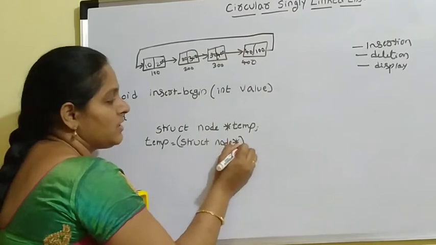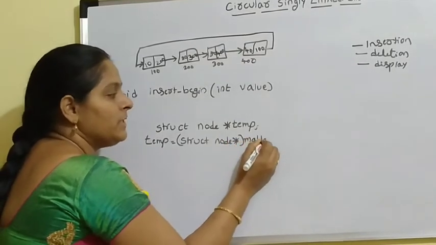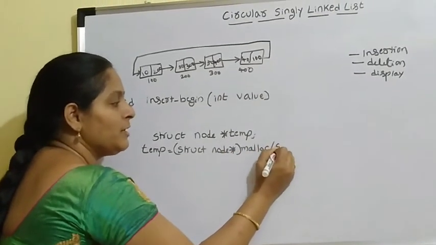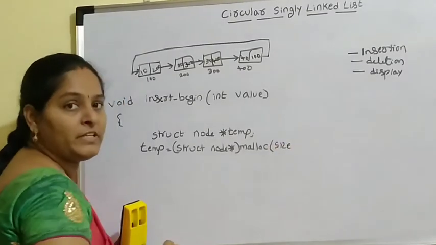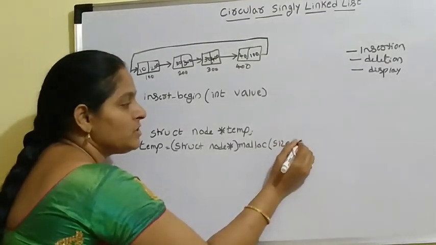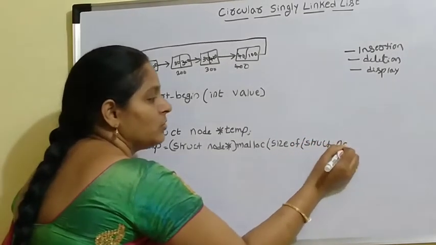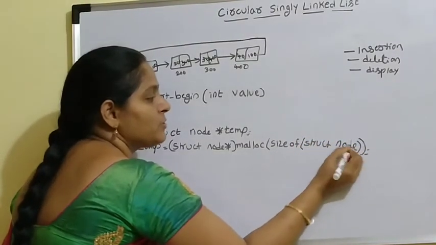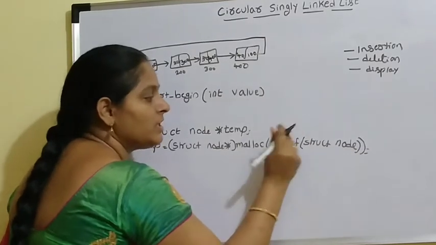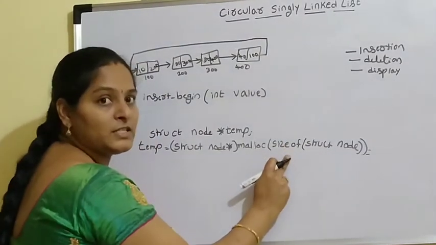Now I am allocating memory for the temp pointer: struct node star. In C language we will use the malloc function for allocating the memory. We don't know how much memory we need to allocate, so here I am using the sizeof function with struct node. How much memory is required for the node structure, that memory size will be returned by the sizeof function.